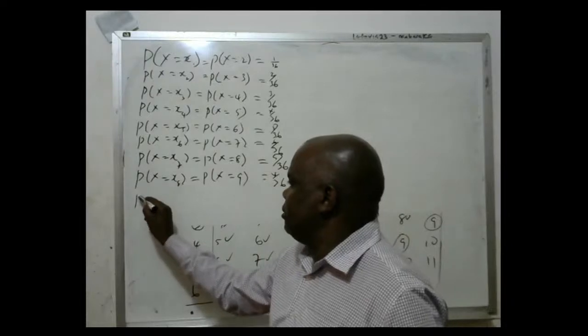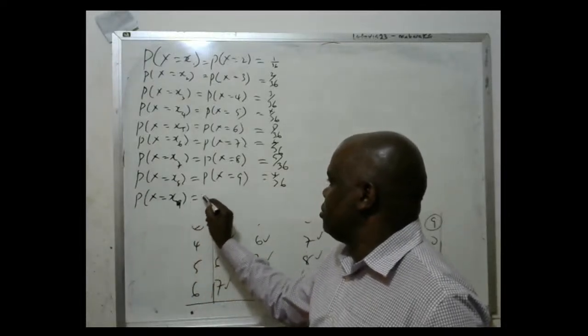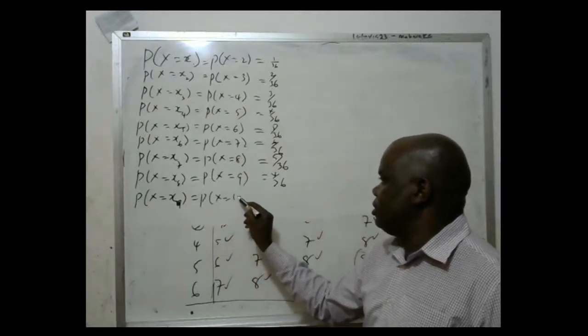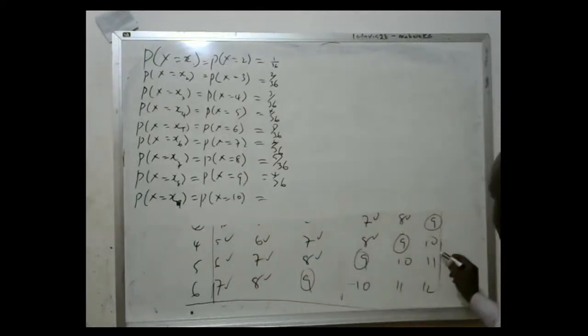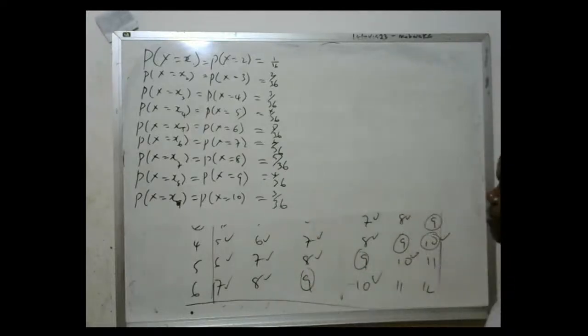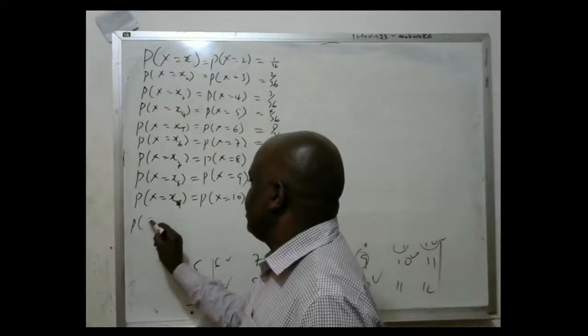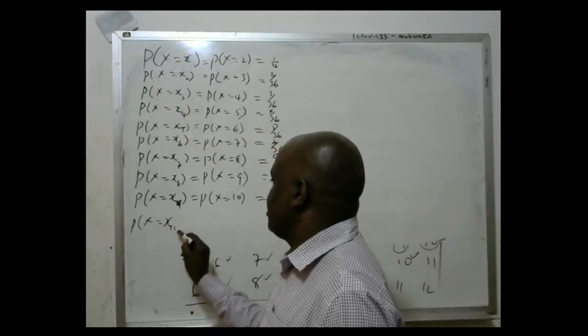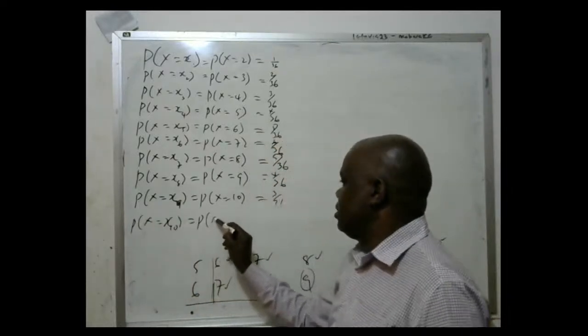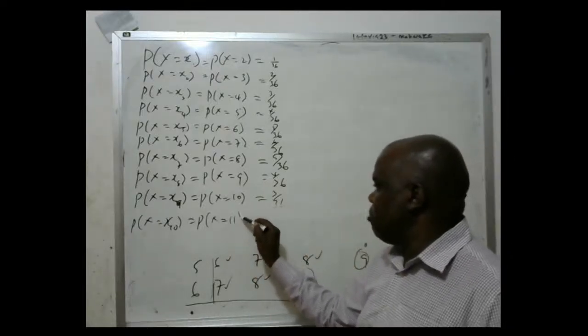The probability of getting another observation, where the next observation is 10. So how many 10s are here? 1, 2, 3. That's 3 out of 36. And then second last, the probability of getting an observation, a sum which is 11.